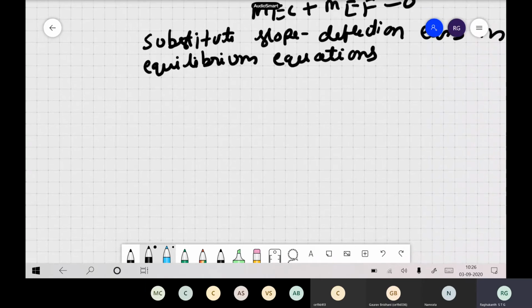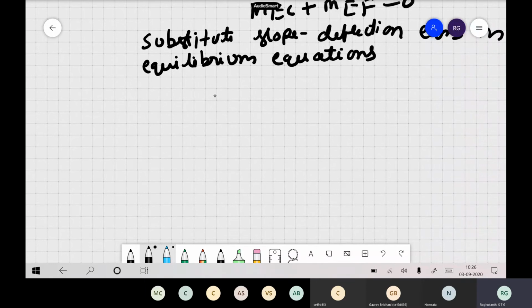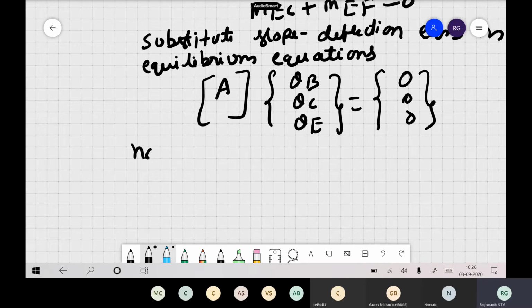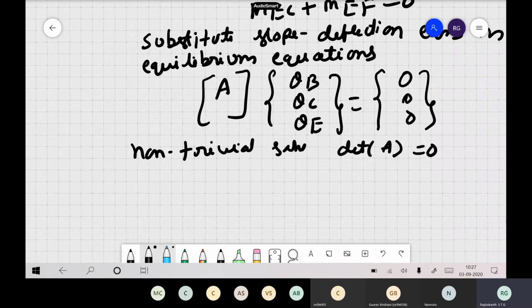If you write it nicely, this matrix will be multiplied by theta B, then theta C, and then theta E, and the right hand side will be 0, 0, 0. Now for non-trivial solutions, the determinant of this matrix A has to be 0.